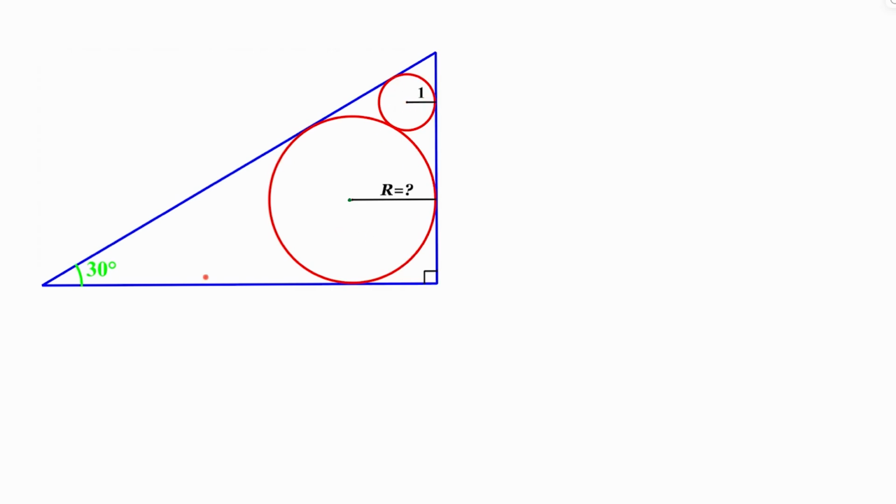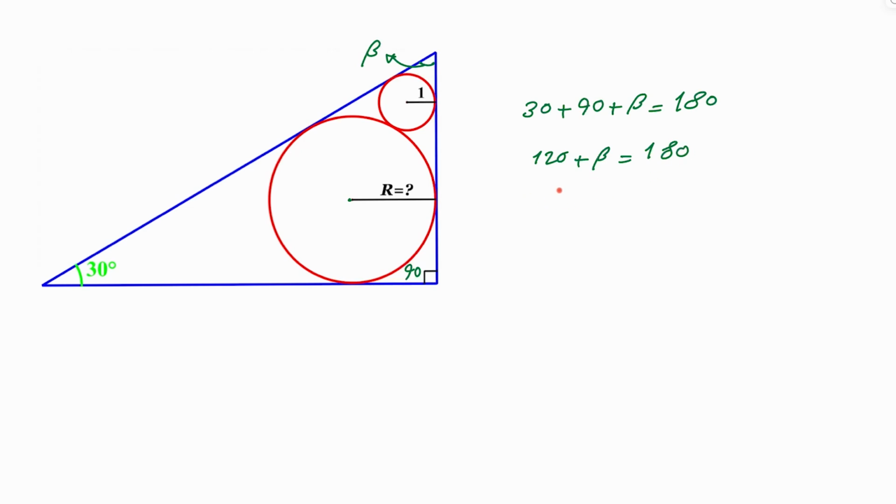So the first thing we can do is that we know the internal angles of a triangle sum to 180 degrees. So if we want to find this angle and I call it beta, we can add these three angles together and write 30 plus 90, because we have a right angle here, plus beta, which is equal to 180 degrees, and we will have 120 plus beta, which is equal to 180.